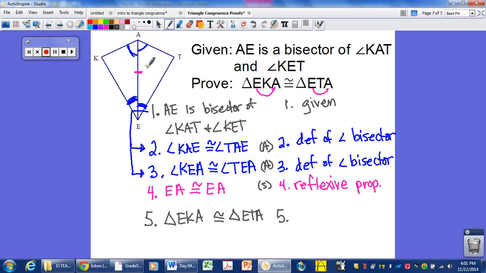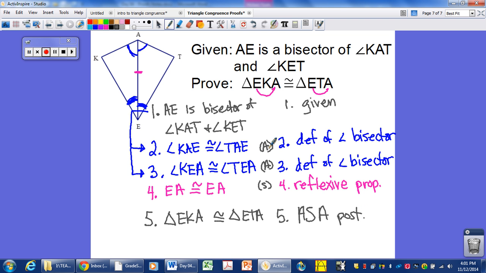Looking at my picture, I notice that the side is in between my angles. So this is, in fact, the angle-side-angle postulate.